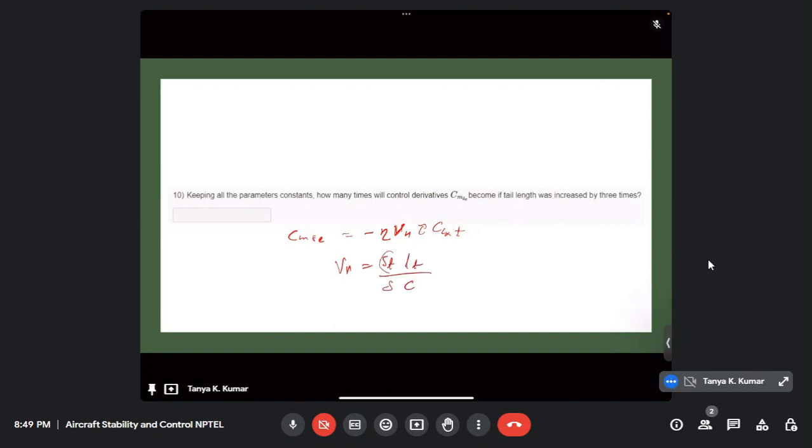If the St is increased by 3 times, Cm delta E will also become 3 times, right?